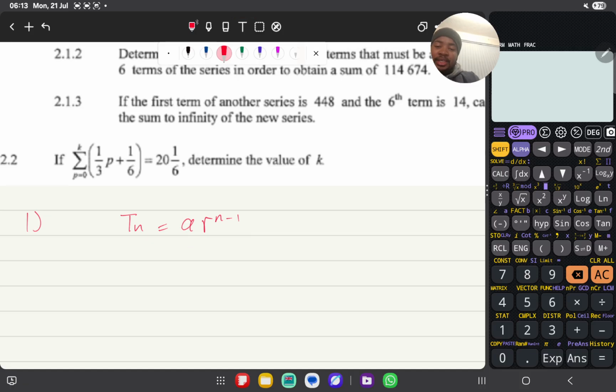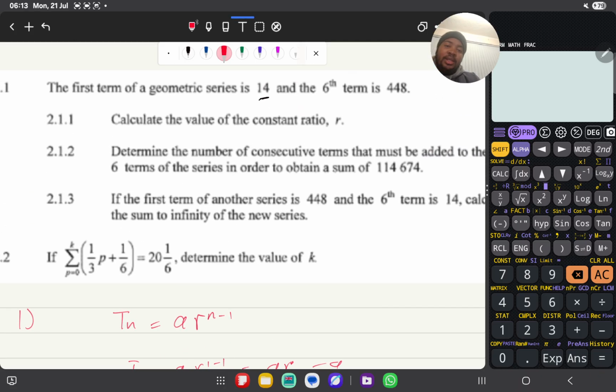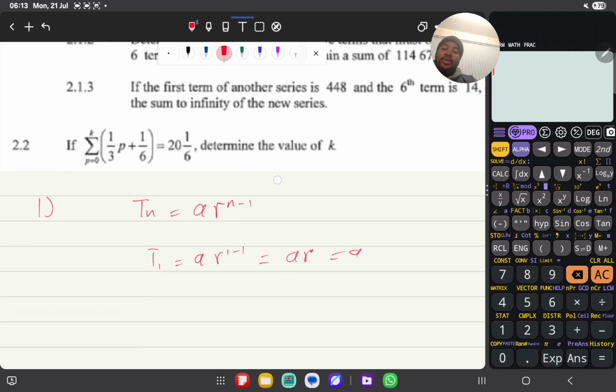And the first term is a, right? Because t1 will just be ar to the power of 1 minus 1, which is ar to the 0, which is a. Cool. And then the sixth term is 448.